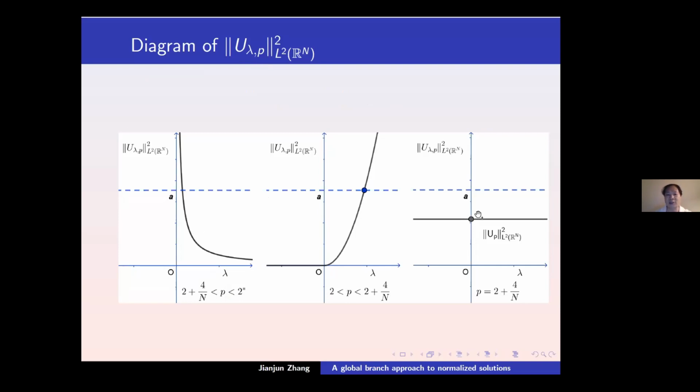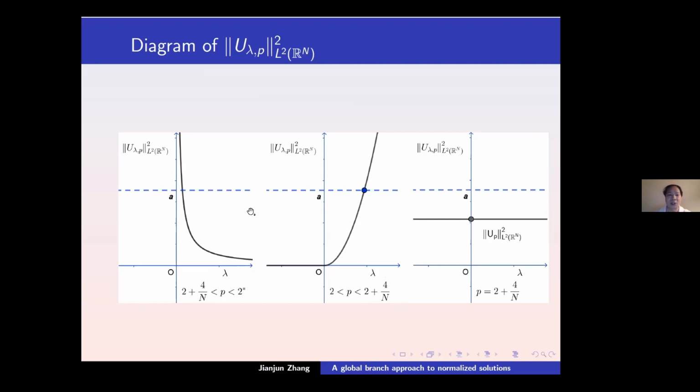From this picture, we know the behavior is different if p lies in different intervals. For example, if p is greater than this exponent, the picture is like this. Okay, so if p is less than the exponent, we know the mass of U lambda p behaves like this.